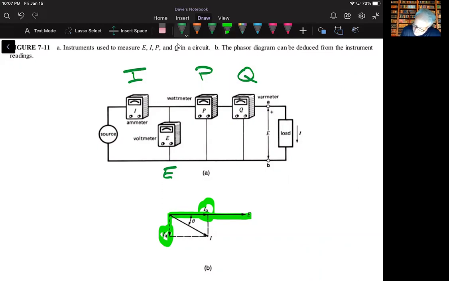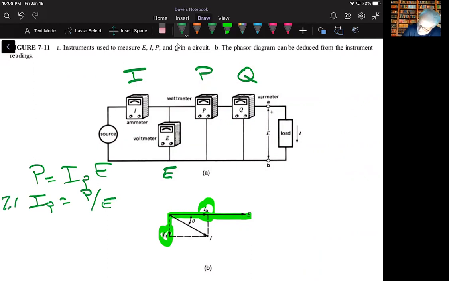But, again, from this setup that we have right here, and if we were in the lab, this is something that we would do. We know that for the active current, well, let me write this first. The power in watts is equal to I sub P times E. Solve for active current, that would be power divided by voltage, and that's just equation 7.1.